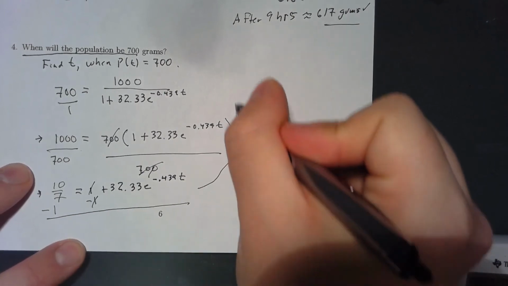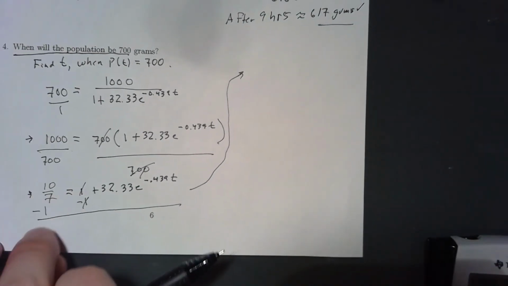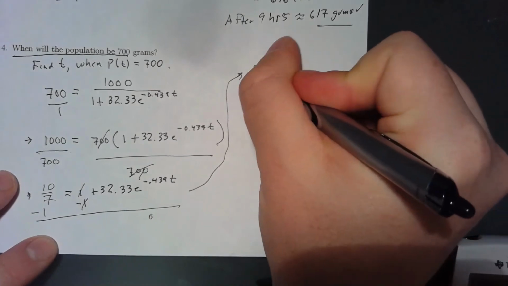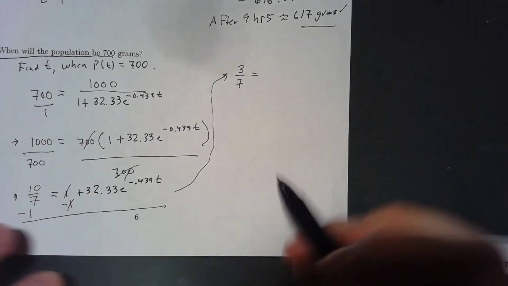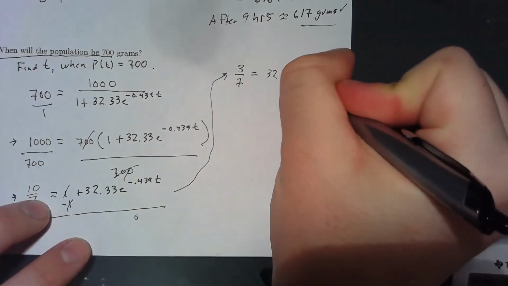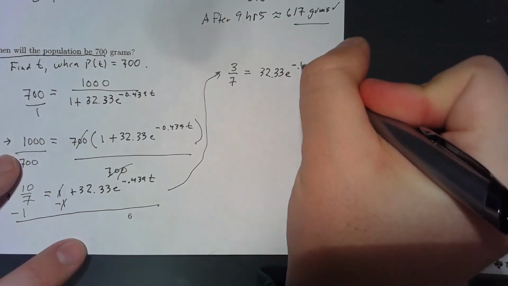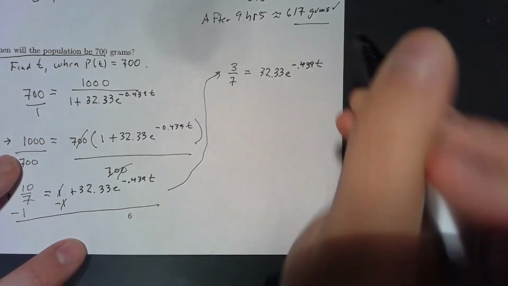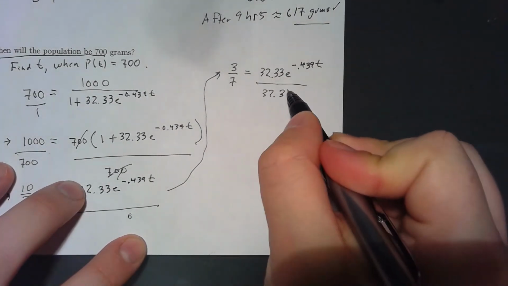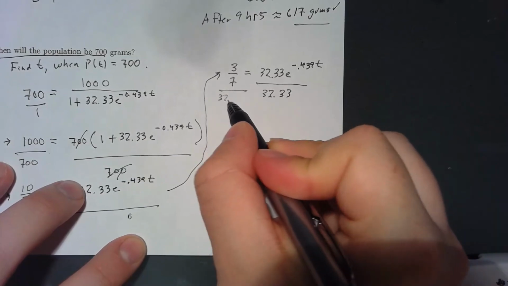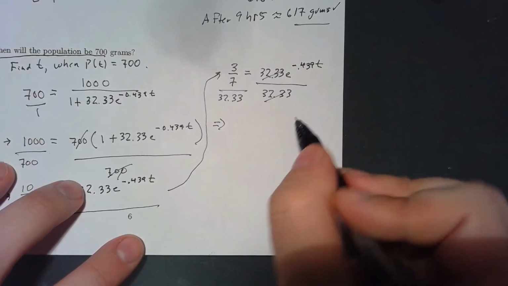Let me come up over here. So 10 sevenths minus 1 is what? 10 sevenths minus 7 sevenths is 3 sevenths, right? Equals 32.33 times e to the negative 0.439 t. Divide both sides by 32.33. They cancel out.